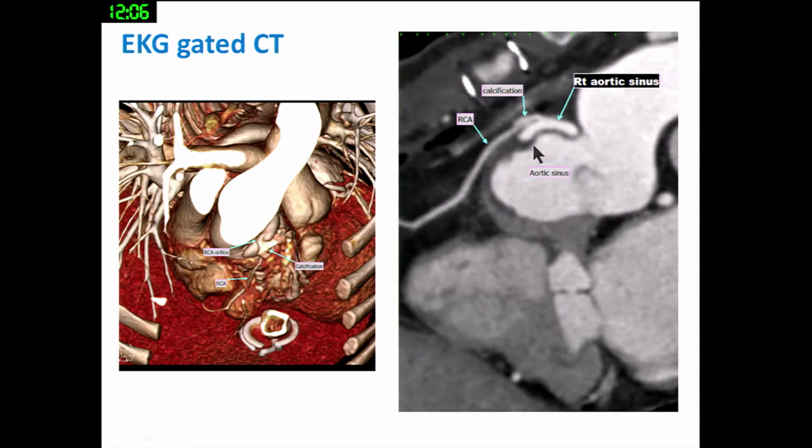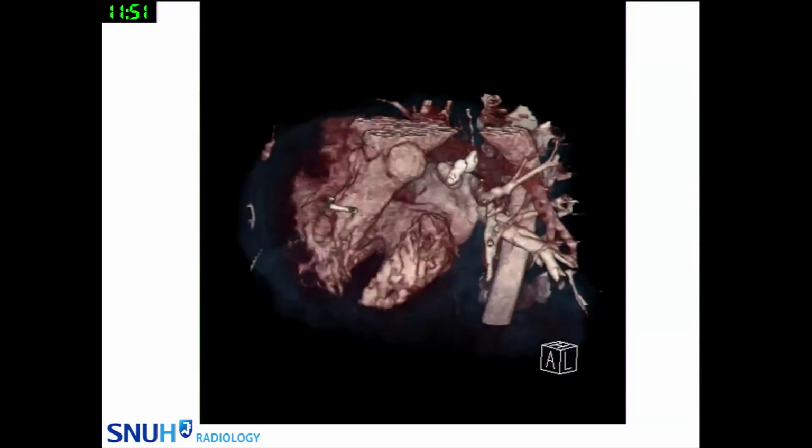But anyway, as you can see, it can show the coronary arteries and os, so it can be used for coronary artery evaluation, especially for the root, and can also show aneurysm and stenosis of Kawasaki disease. EKG-gated CT is actually gathering all the information through the RR interval, so we can get this kind of motion imaging of the heart.